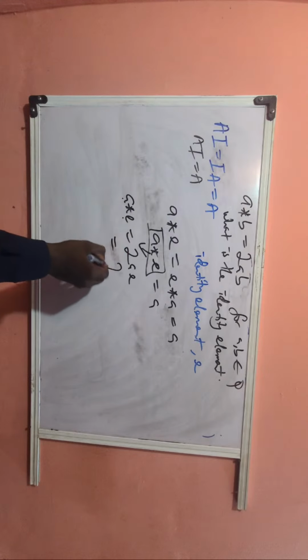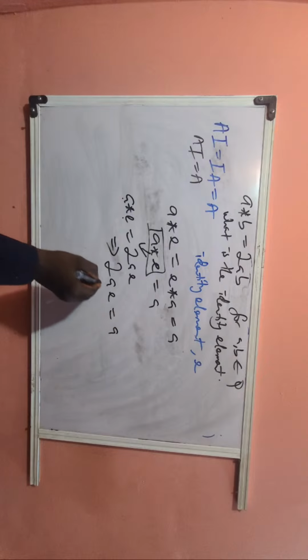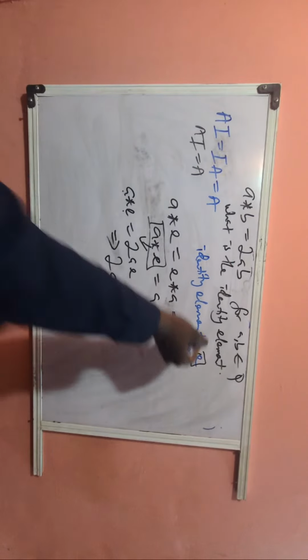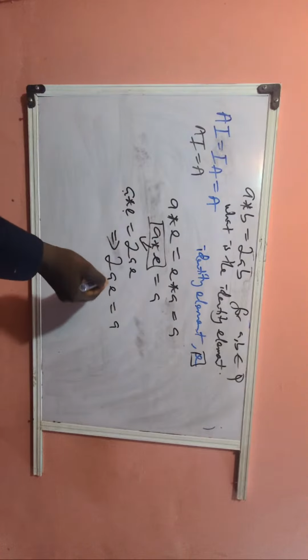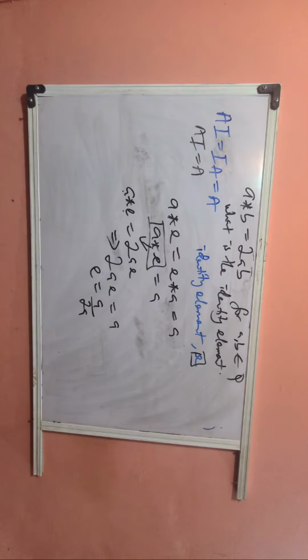So we can say 2AE is equal to A. Don't forget we are trying to find the identity element E. So in this case, you can see that your E will be equal to A over 2A, which will give you obviously the value of 1 over 2.